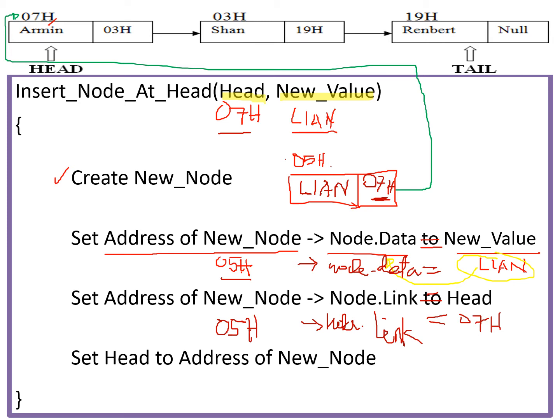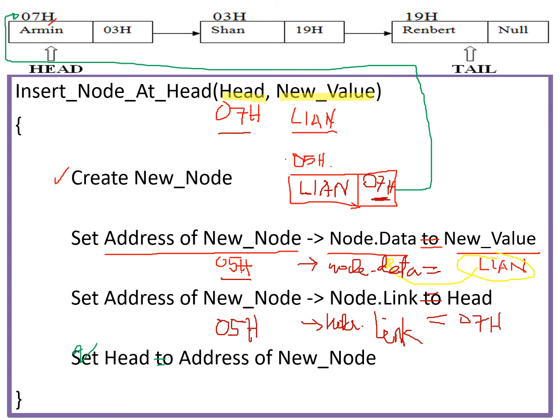However, our head still points to 07H. So, we have to assign a new value to our head instead of 07H: the address of the new node.